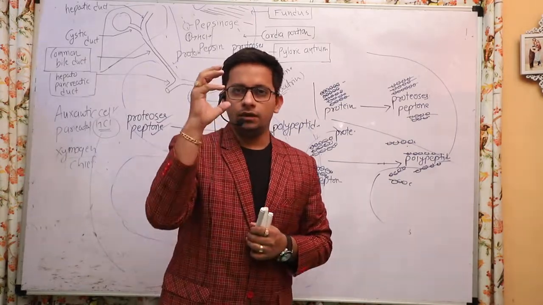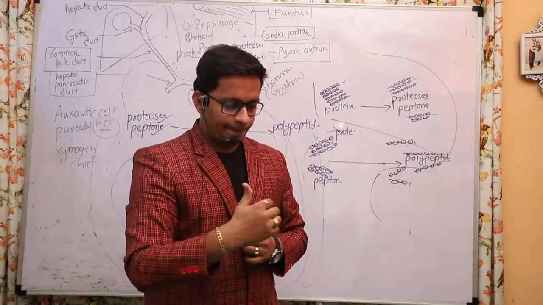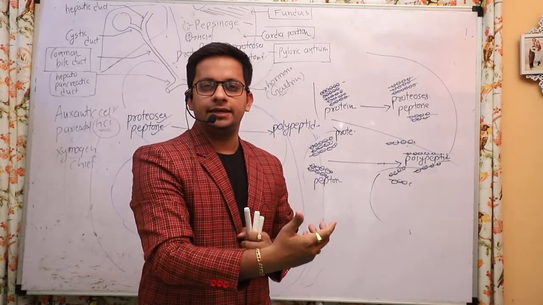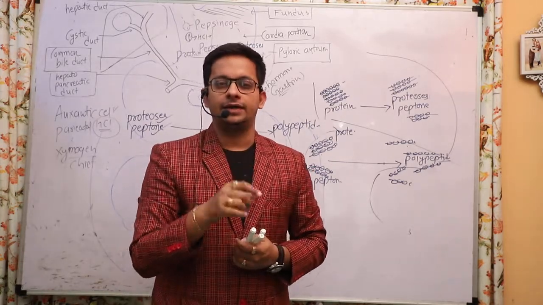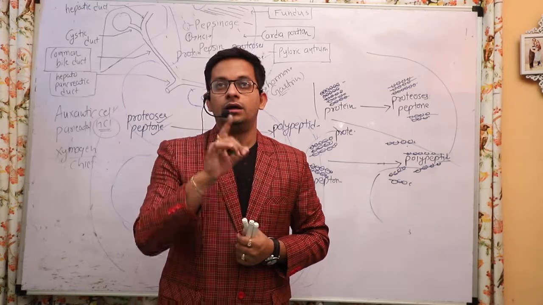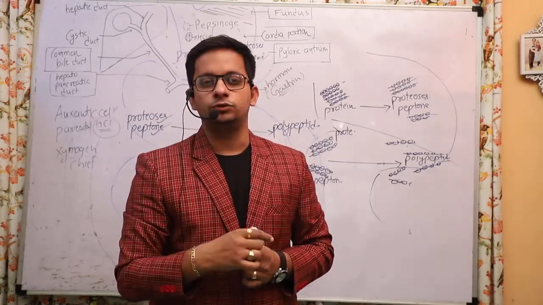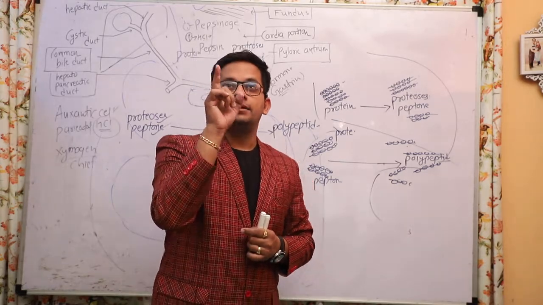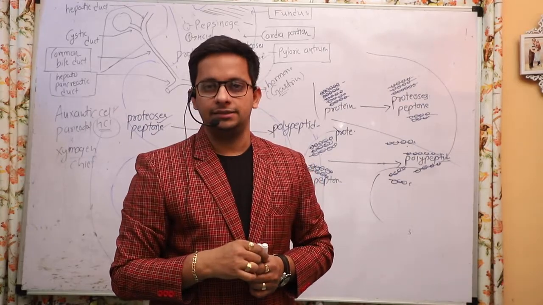Repeat. When food enters the stomach, the pyloric region will secrete gastrin. HCl is secreted by oxyntic or parietal cells. Pepsinogen is secreted by chief cells or zymogen cells. Then this pepsinogen will be activated by HCl.